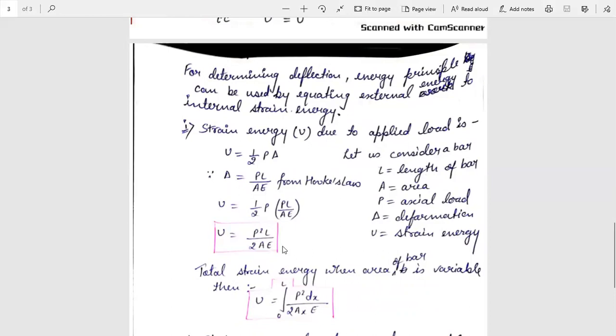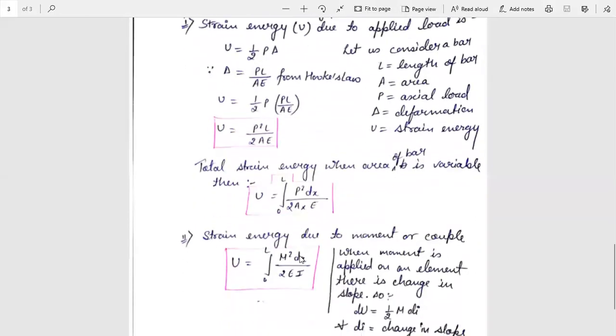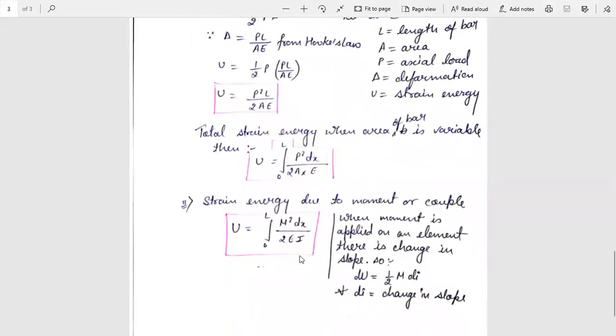Total strain energy when the area of the bar is variable, then U equals integration with limits 0 to L of P square dx upon 2 AE. Now, the second is strain energy due to moment or couple.